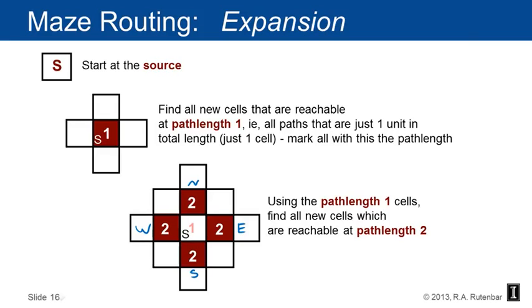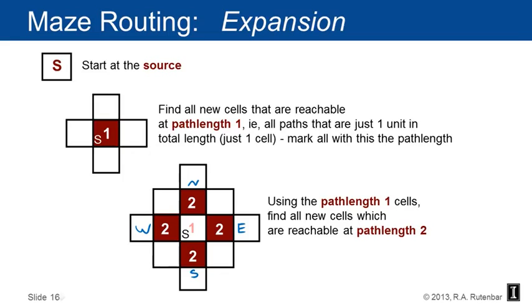And basically it's all the cells in the grid that are immediately adjacent to the cell labeled 1. And so what you immediately see is this little diamond pattern, right? There's a 1 in the middle, and there are a 2 above, a 2 below, a 2 to the left, and a 2 to the right. Or, if you like, a 2 to the north, a 2 to the south, a 2 to the west, a 2 to the east.